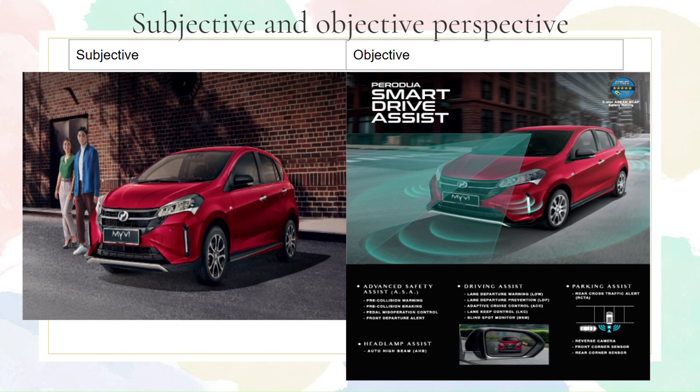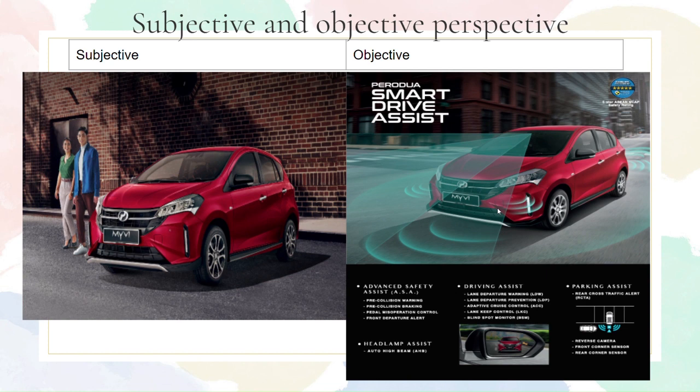We know that the primary focus is towards the car itself and the name of the car, as opposed to the objective perspective, where we have different elements put into the poster. We do have the same car, the same color, the same name, the same model, but different elements are added to it. The focus is towards the car, yes, as well as the smart drive assist. So we see different details, which include the advanced safety assist, driving assist, parking assist, and headlamp assist.